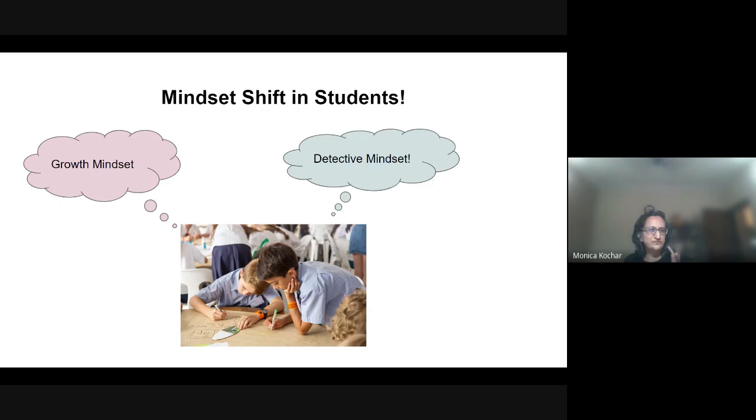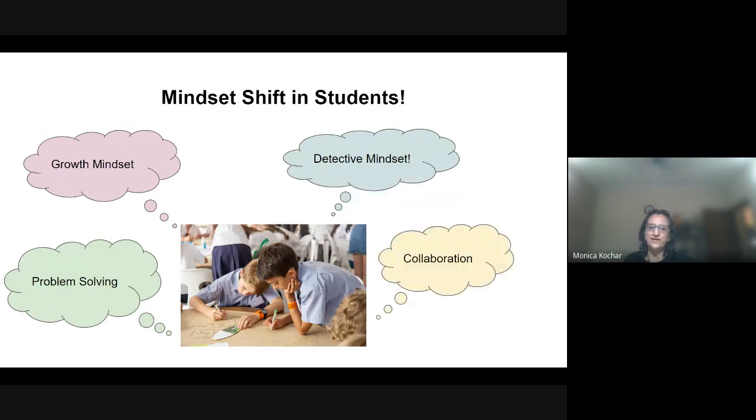The other is they should feel like detectives. So if you want to make the kids motivated, tell them, okay, you are going to be detectives today and I'm going to give you a situation and you need to figure out whether the situation is solvable or non-solvable. So make it a bit dramatic. They need to have a problem-solving approach, that let's try and solve it. And they need to learn to collaborate. Investigations work wonderfully when kids are collaborating.